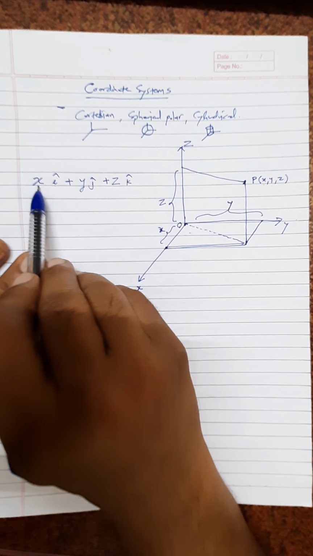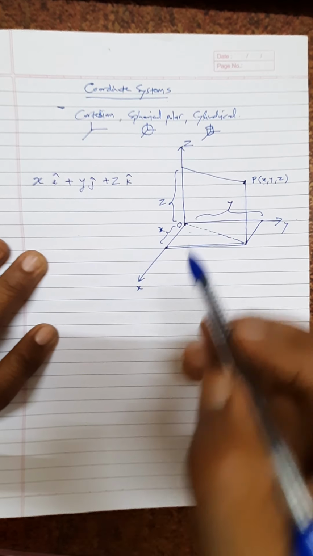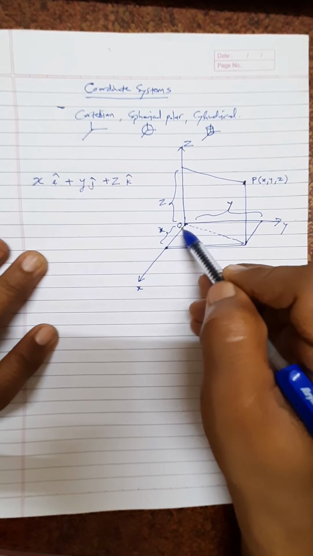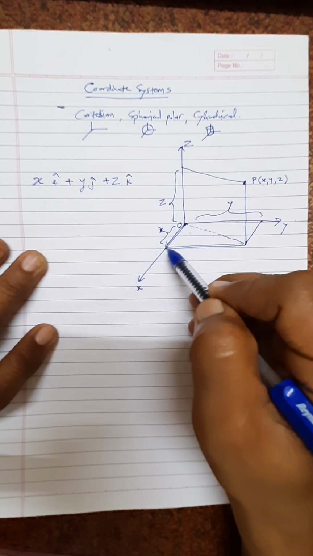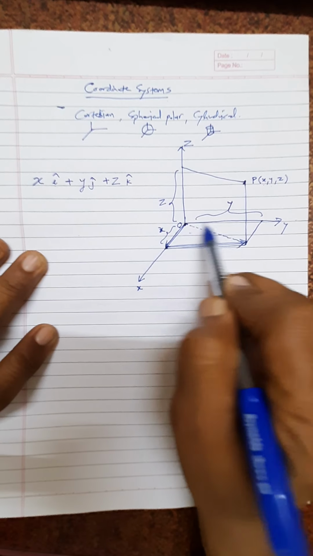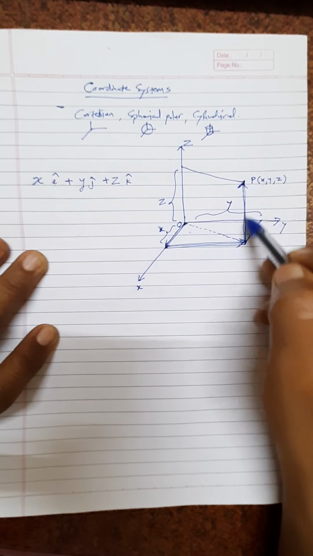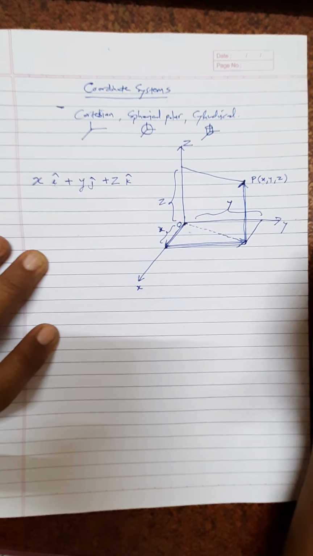Therefore I can write it as x i cap plus y j cap plus z k cap. That means I travel from the origin a distance of x along the x axis, then y along the y axis, and then z along the z axis to reach the point P. Okay.